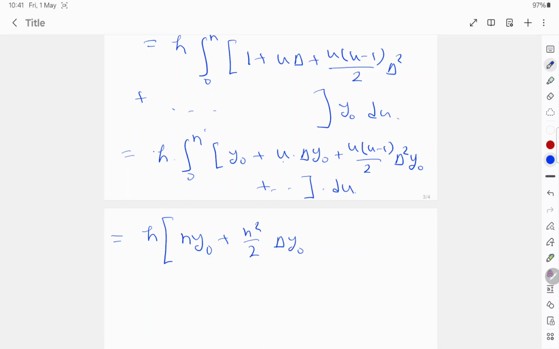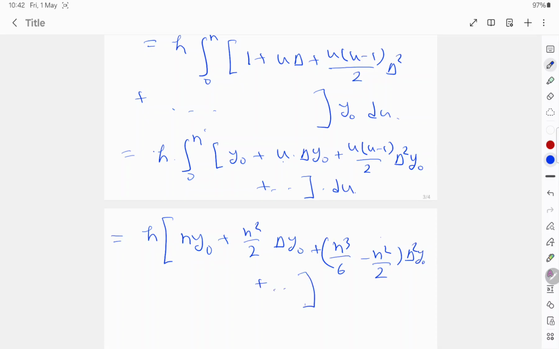Next, the integration will be u cube by 6 minus u square by 2, from n to 0, so overall you will get (n cube by 6 minus n square by 2) into delta square y0.